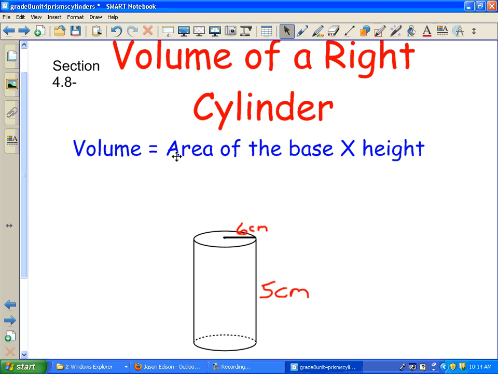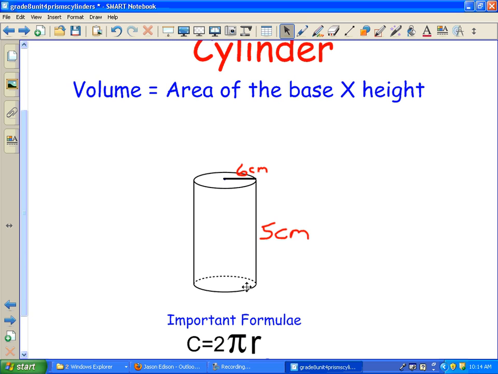So the volume, as we said with any kind of shape, or solid in this case, is going to be the area of the base times the height. In this case, the base is a circle, so we have to find the area of a circle times the height. And the height here is 5 centimeters. So that one's the easy part.